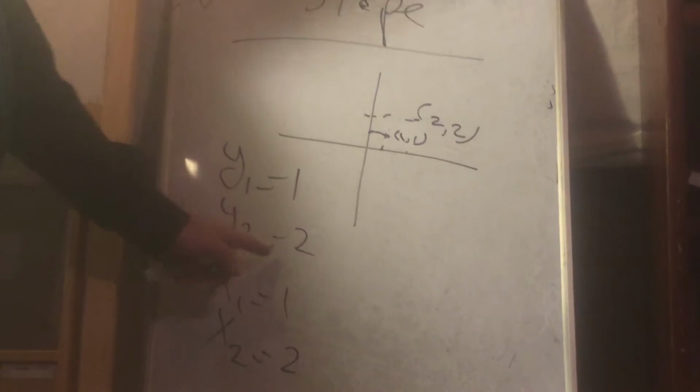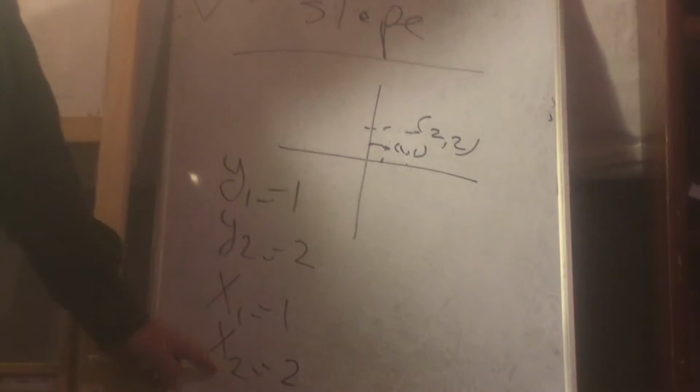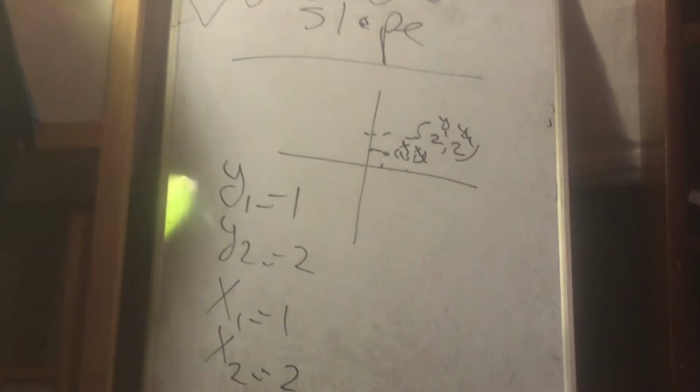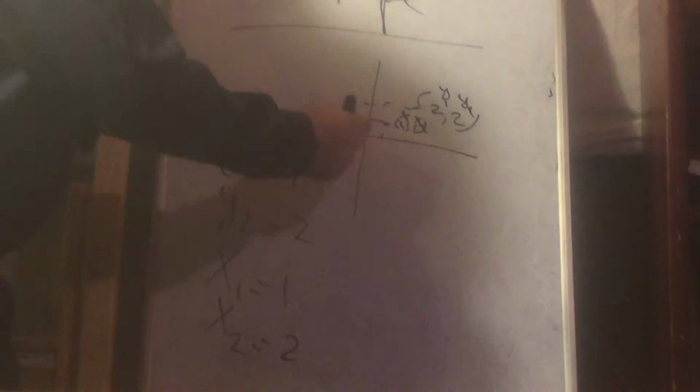Okay, Y1 equal 1, Y2 is 2, X1 is 1, X2 is 2. So this is X1, X2, Y1, Y2, right? Okay, so we just plug in. What is the slope? This is the slope here.